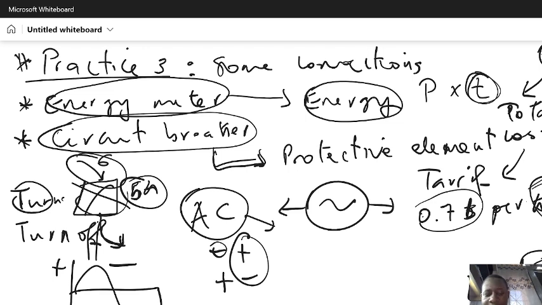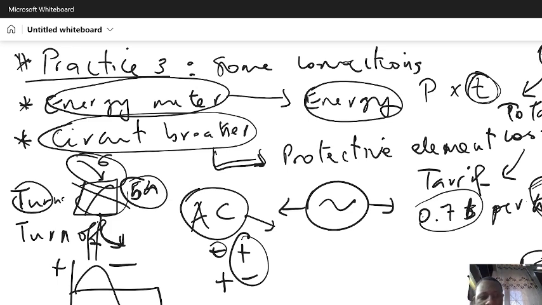Since I have a single phase, I have 2 wires, the red one and the black one. But since the voltage or current from the supply is AC, it does not matter. Here I can put my red, and I can also put my black. Why?